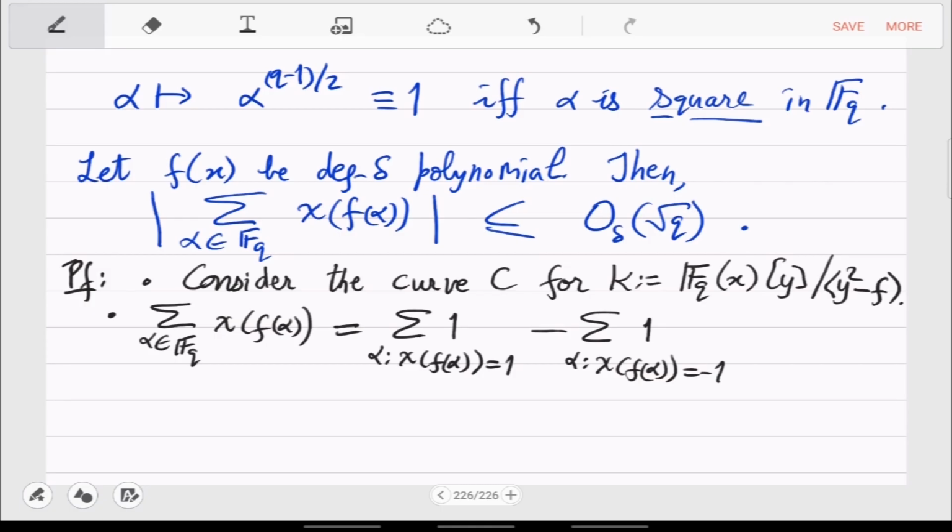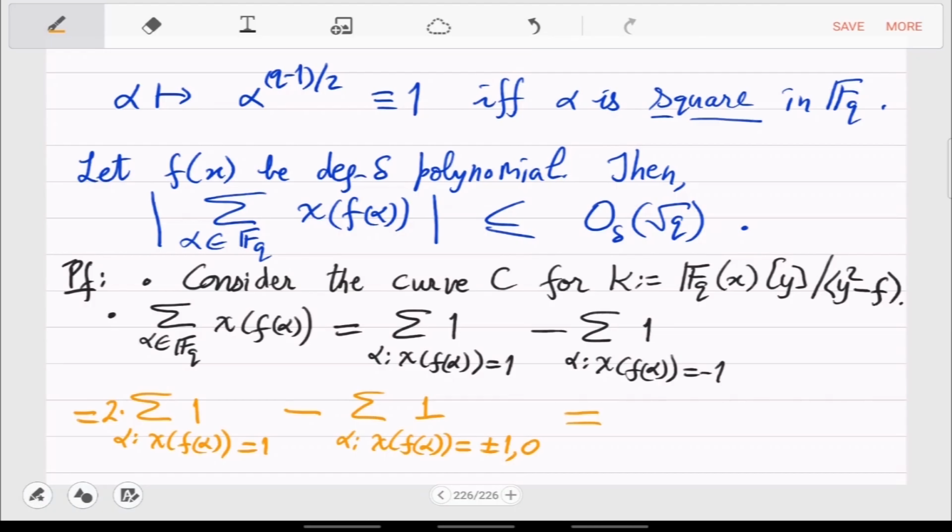So let us rewrite it. What I have done is I have added the number of times it's 1 to both sides.